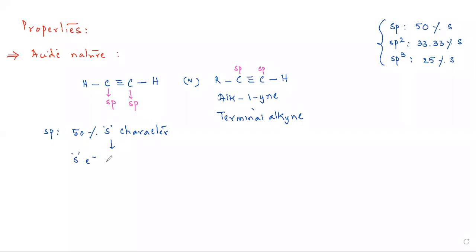So as s electrons are much closer to the nucleus, because of this, the nucleus will have more electronegativity.